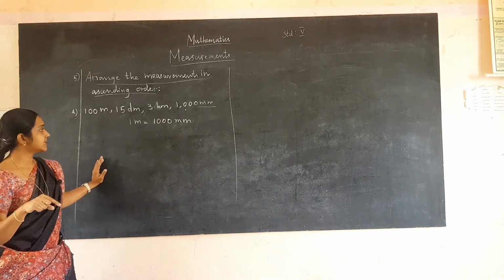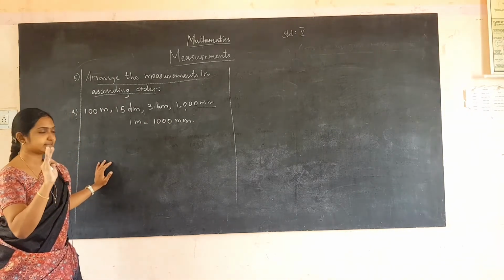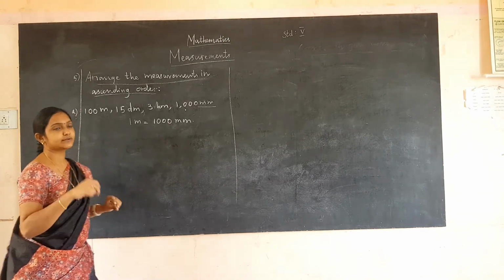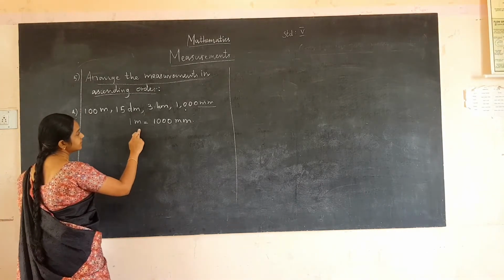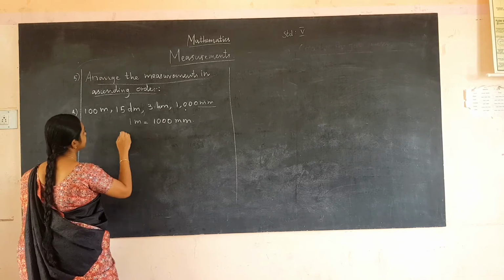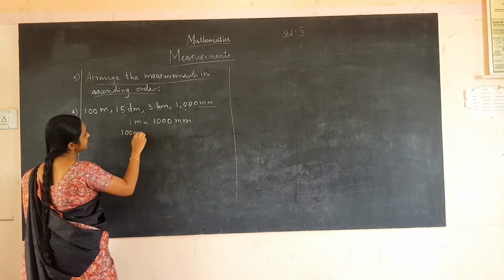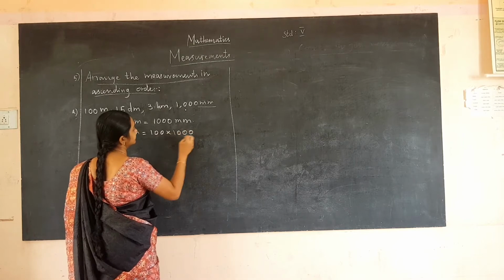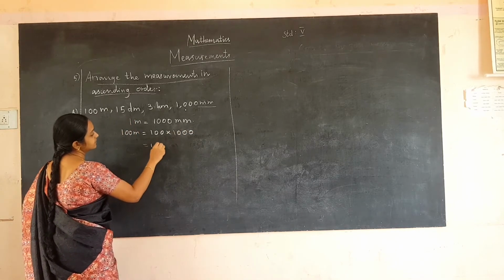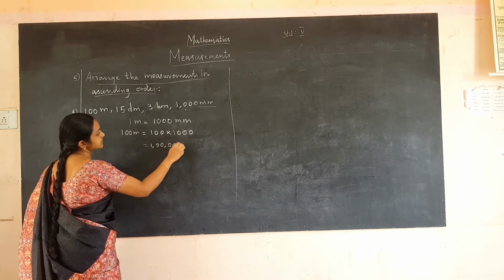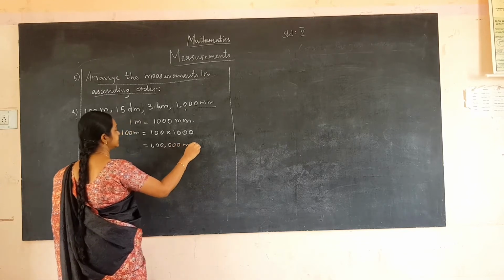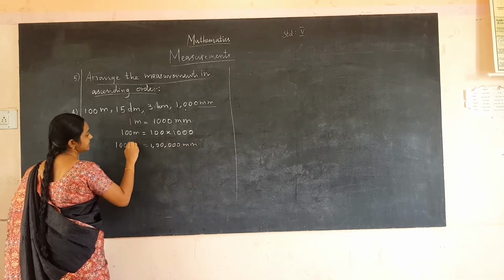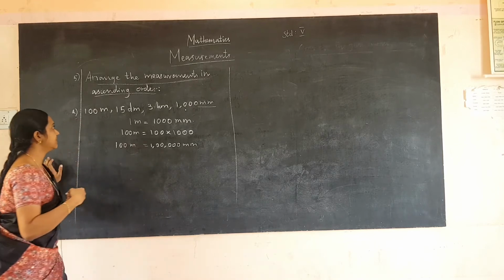You look at the table, we have to move 3 places. So it is 1000. For 1 meter it is 1000 millimeter. Then for 100 meter it is 100 into 1000, that is equal to 1 lakh millimeter. 100 meter is equal to 1 lakh millimeter.